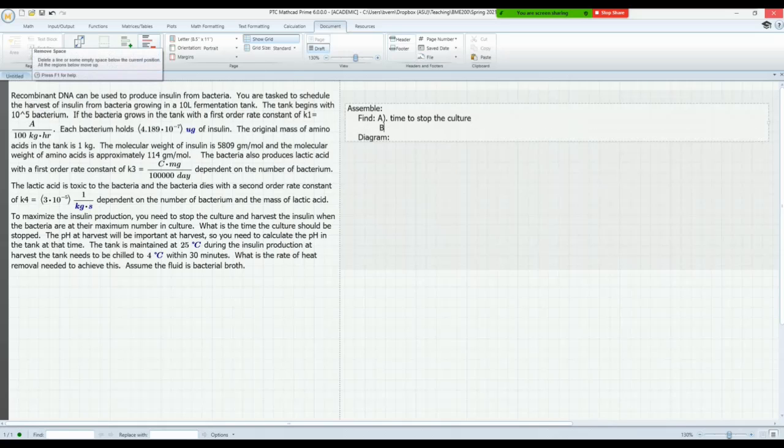And then another thing is it asks what's the pH of the system at this harvest time. And then it also asks for what's the rate that you need to remove heat.